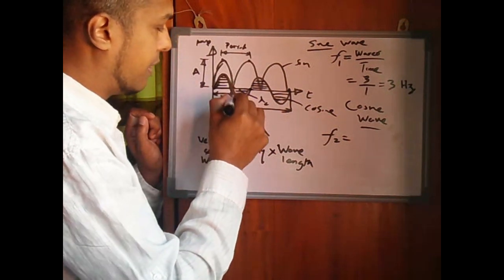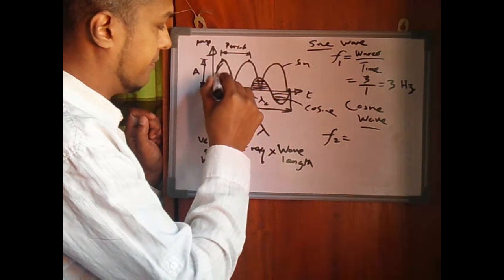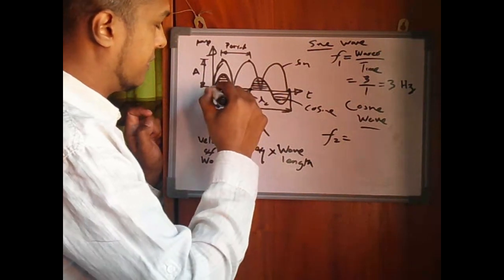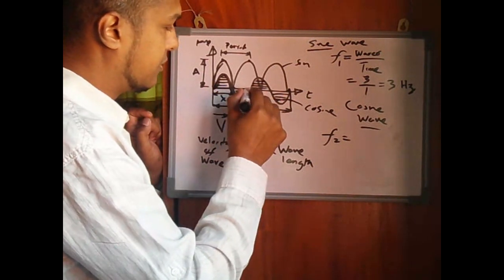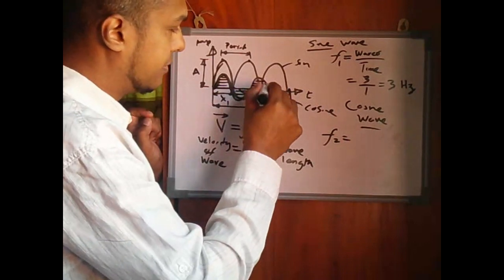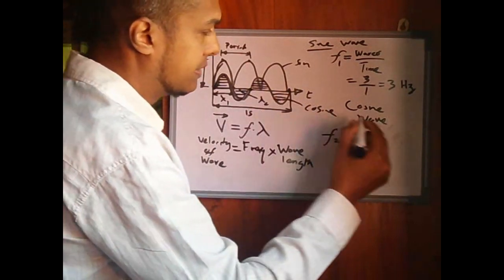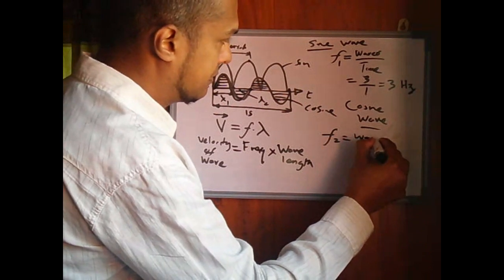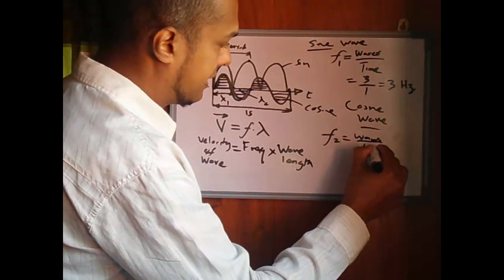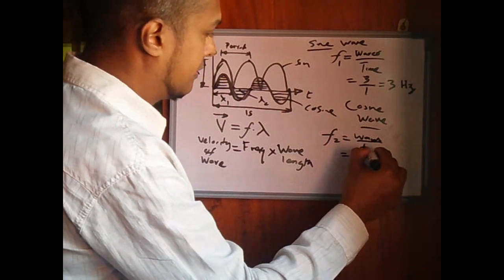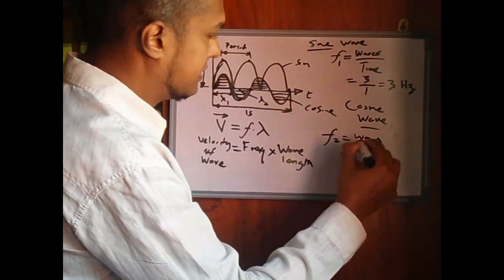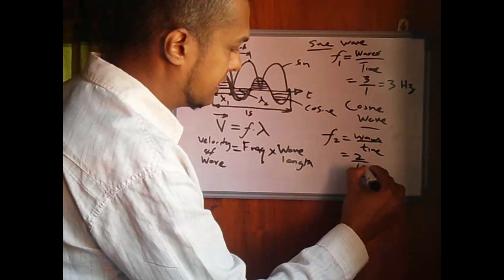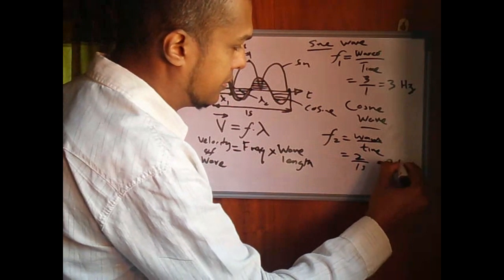That is one wavelength. Then you got another wavelength within this particular time. So frequency would be the number of waves divided by the time. Number of waves is 2 and time is 1 second, so it will be 2 hertz.